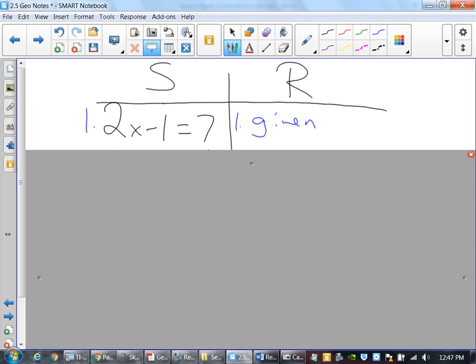What's created? Two equal segments. So we're going to come up with what are called progressions. The progressions that I use are like little how-to boxes. And I'll say, if you're given a midpoint.